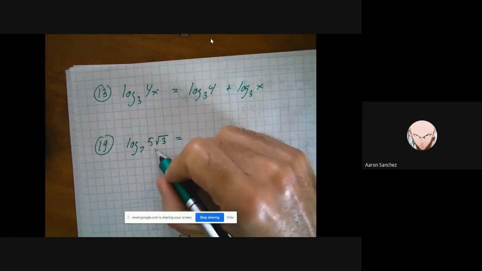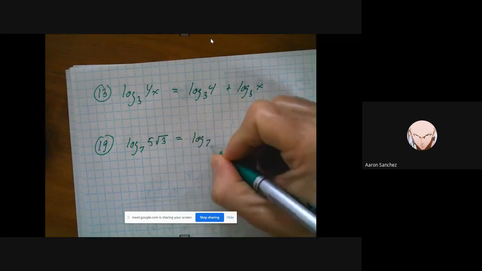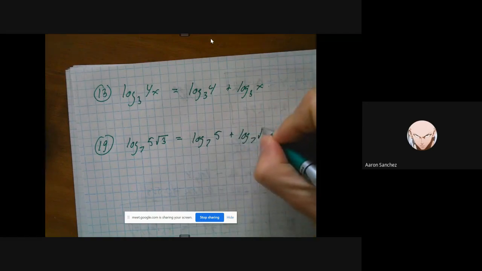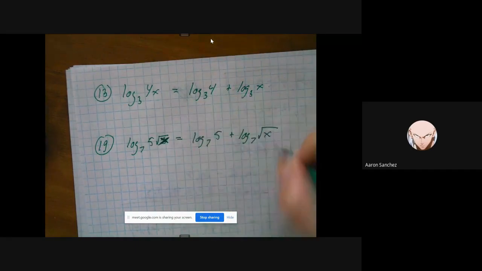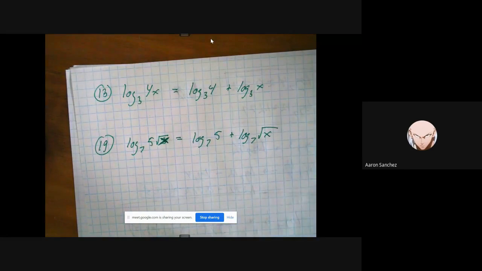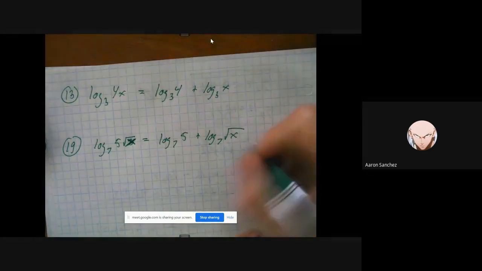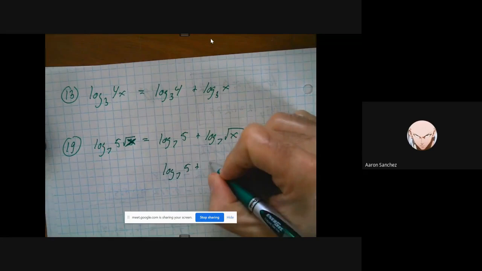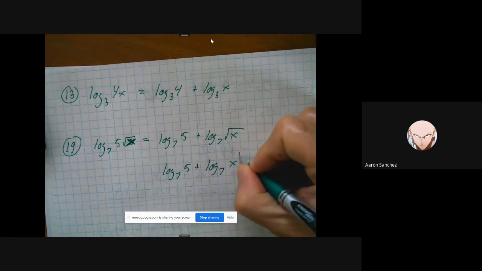So I'm going to use the product and the power rule. Product rule: log base 7 of 5 plus log base 7 of square root of x. Sorry, this is supposed to be an x. Now I'm going to rewrite this as log base 7 of 5 plus, so I can use the power rule, log base 7 of x to the 1/2.